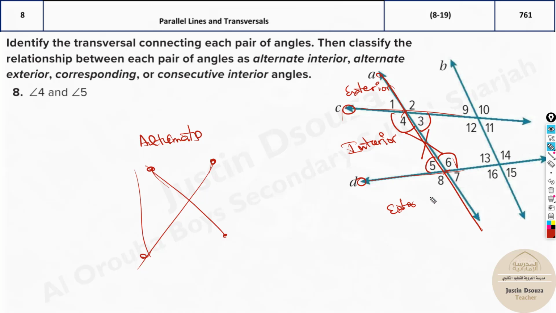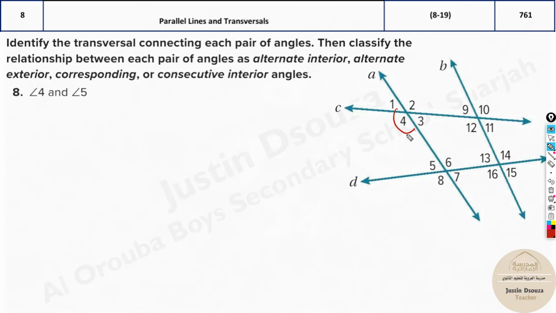So 1, 2, 8 and 7 are exterior, and 1 and 7 over here are exterior alternating angles, because they are also alternating, right? 2 and 8 again alternating, but exterior alternating angles. If it is inside, interior; outside, exterior.